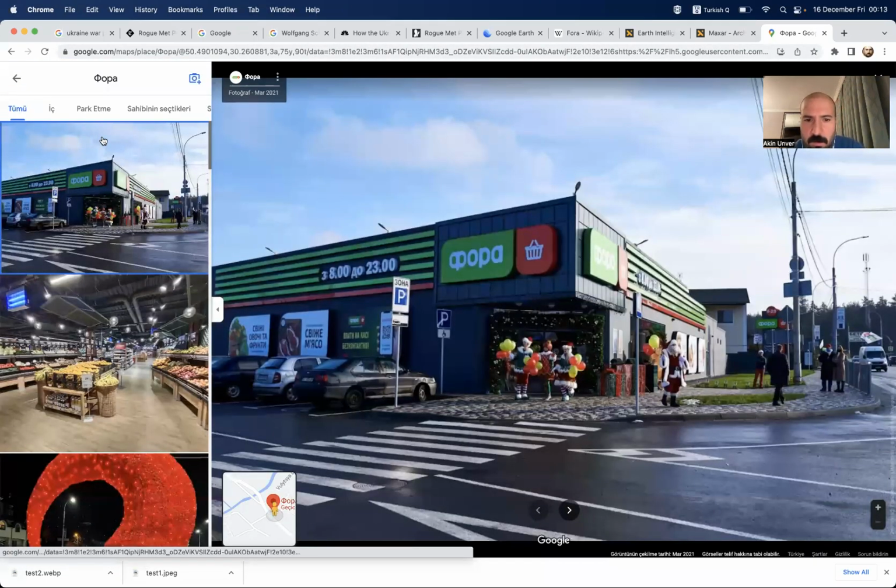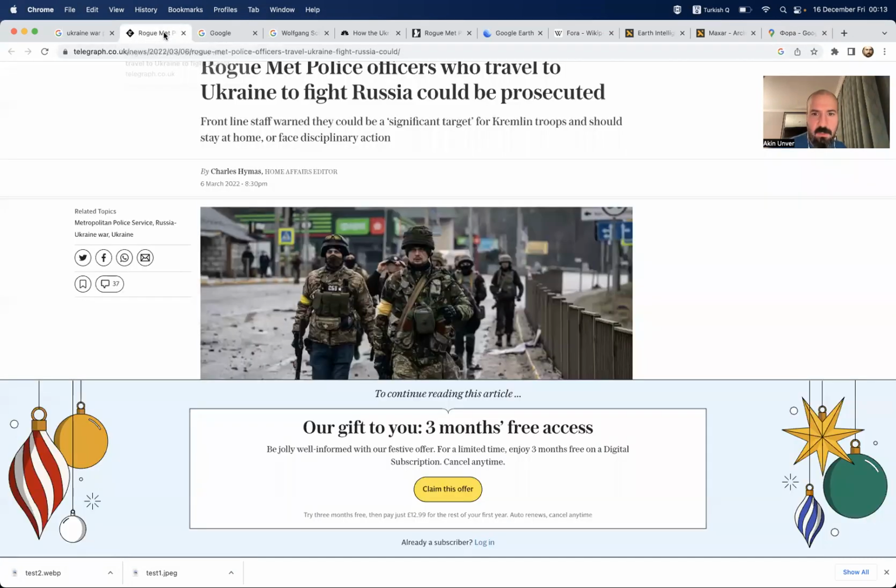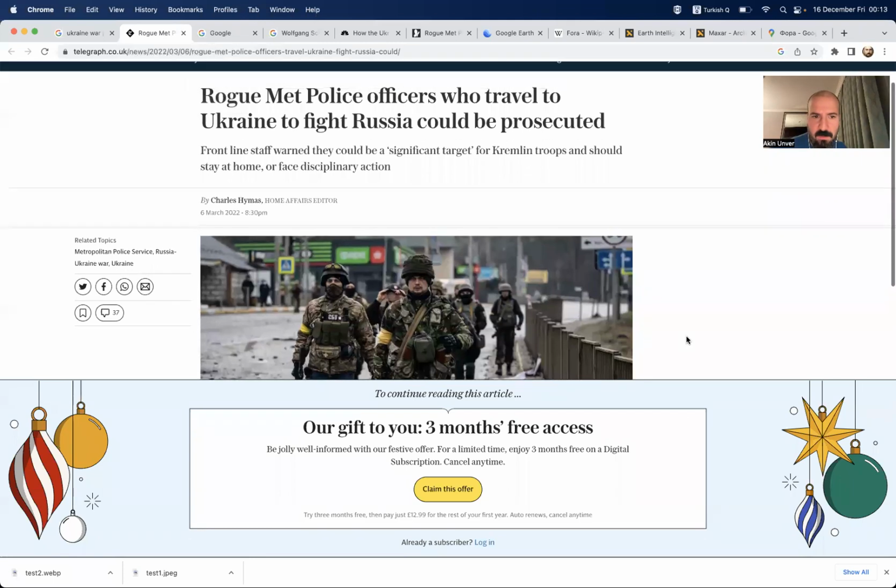So I'm looking at this. And of course, it's always sad to see these images, better times before the war. And I'm looking at this.